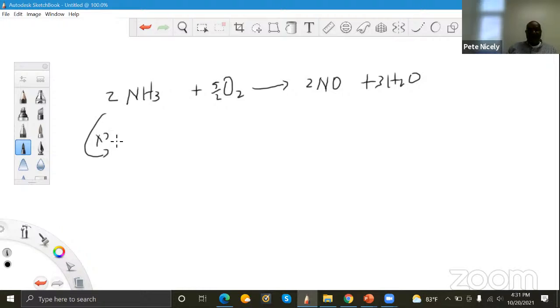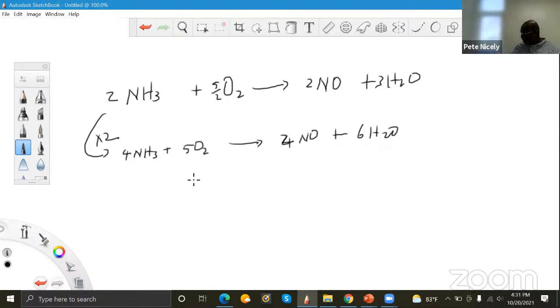You multiply the entire equation by 2, which results in 4 NH3 plus 5 O2 to give 4 NO plus 6 H2O. And that will be the answer. All right.